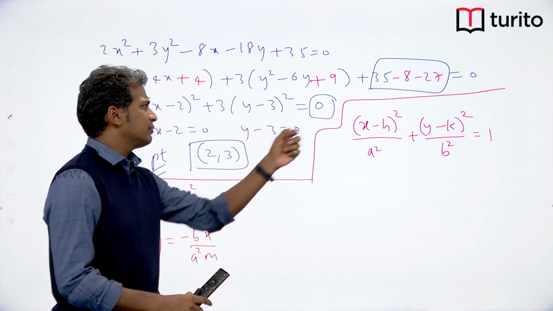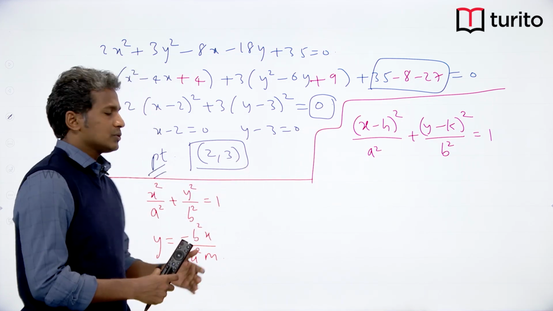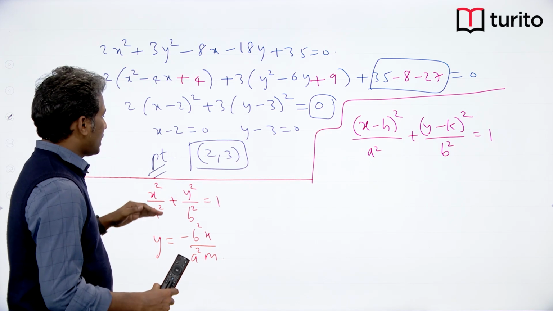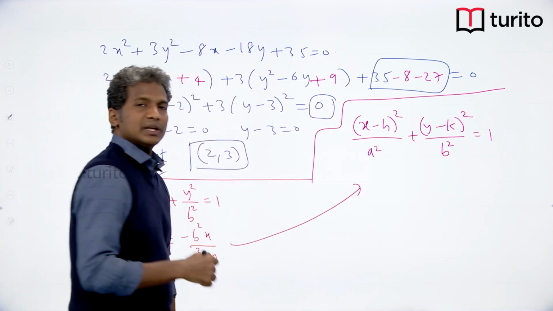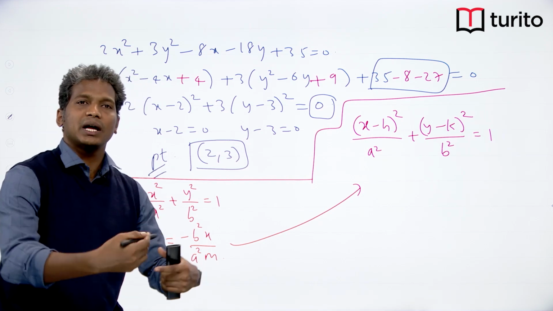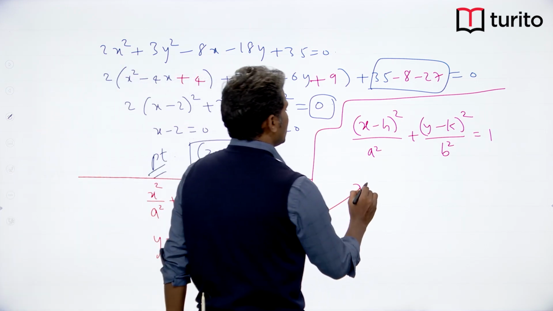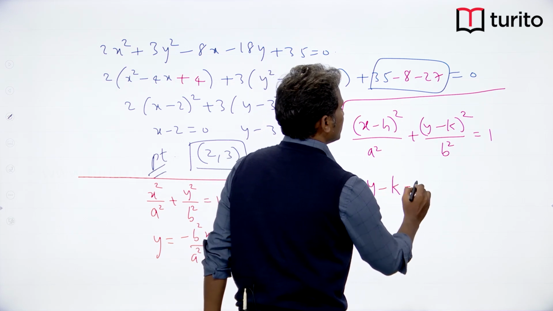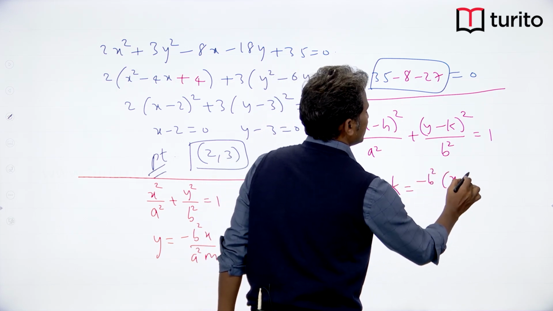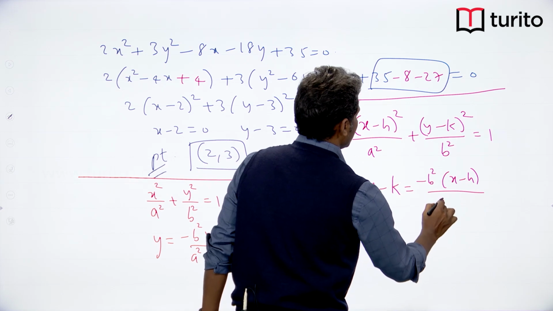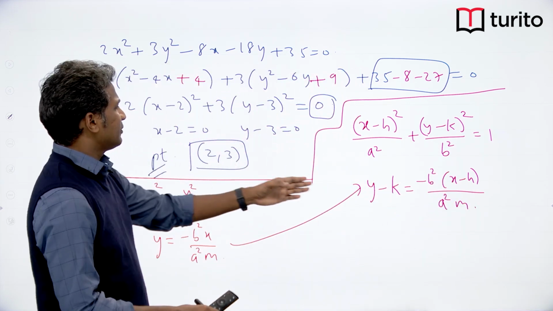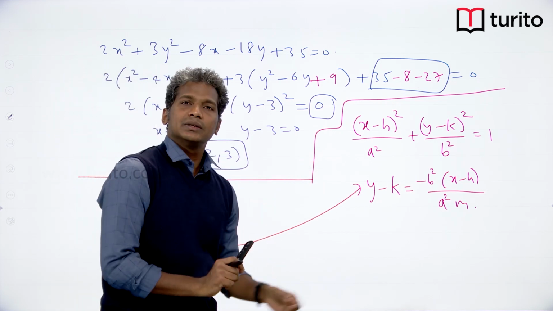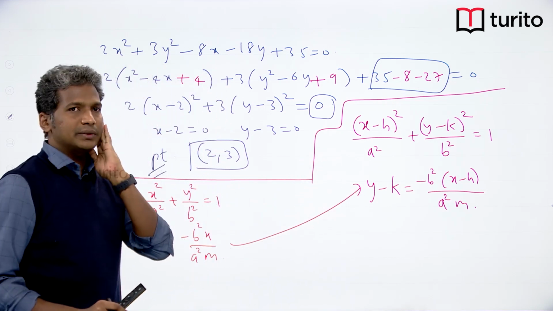That is shifted version of this ellipse. So, when I directly use the shifting idea, the correspondingly diameter also must get the similar algebraic analysis. So, here it looks like y minus k equal to minus b square into x minus h by a square into m. Okay. So, now when we simplify this, we will get the required equation of diameter.